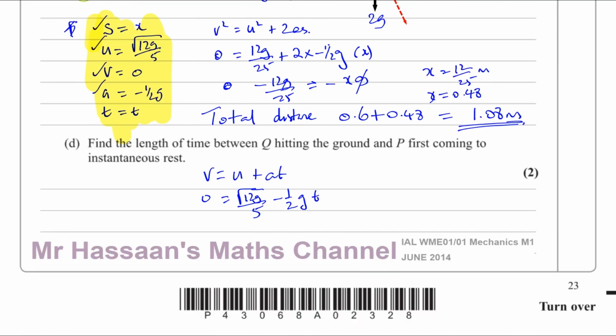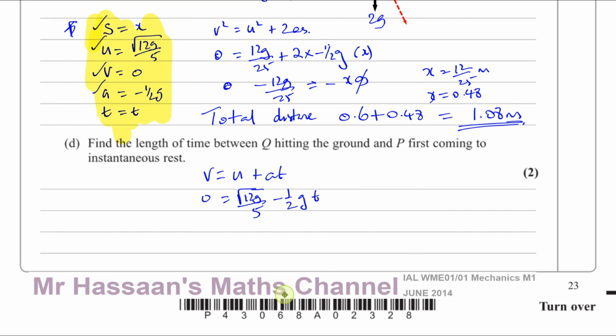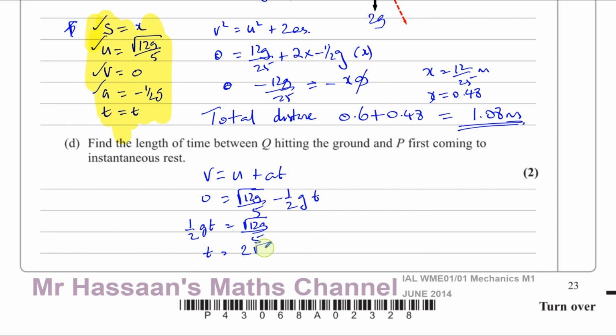So if we rearrange this, we're going to have basically a half times GT is equal to root 12G over 5. So T will be 2 times root 12G over 5G under the square root sign. So that should give us our time.